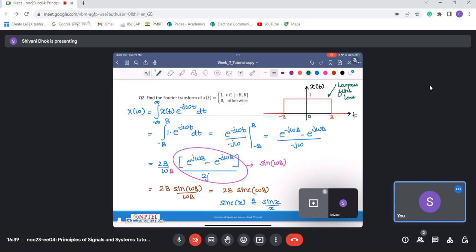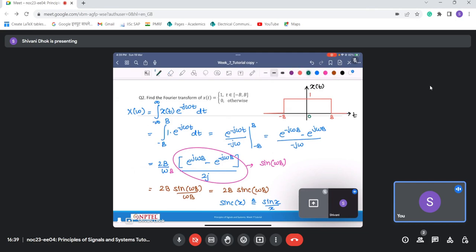That's why it is important for filter analysis to understand how this function looks in frequency domain. The only change is this nature of your low pass filter is in frequency domain and not in time domain. So by duality, your low pass filter in time domain will look like this sinc function, whereas in frequency domain it will be a rectangular function. We'll look at this duality in greater detail in subsequent questions.